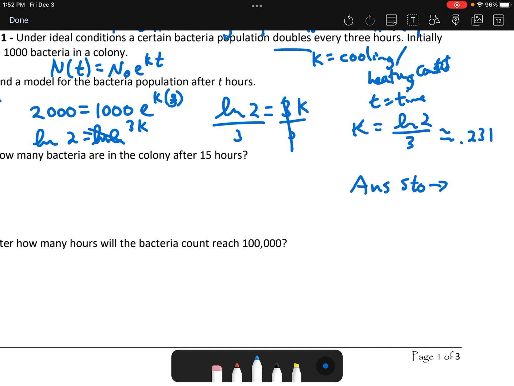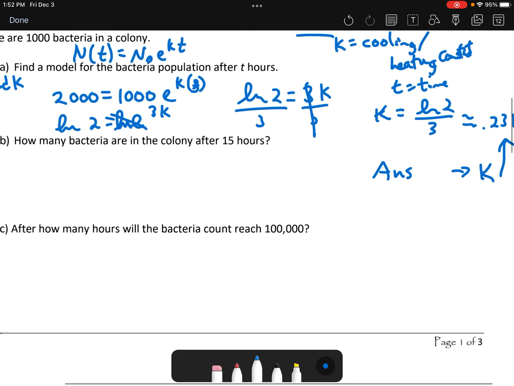Press it, and it should say Ans with an arrow. We're going to store this in alpha K, which is alpha open parentheses. You should end up with this on your screen. Press enter, and you'll get the full number again. That k is now registered in your calculator.